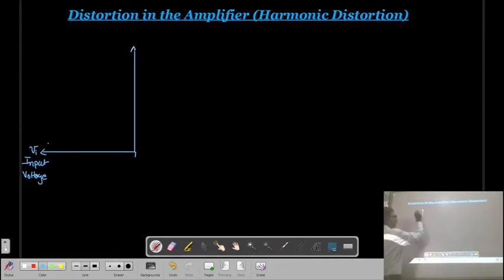And here on the y-axis we have the current I. So if we draw this transfer characteristics for a field effect transistor, then it is like this.